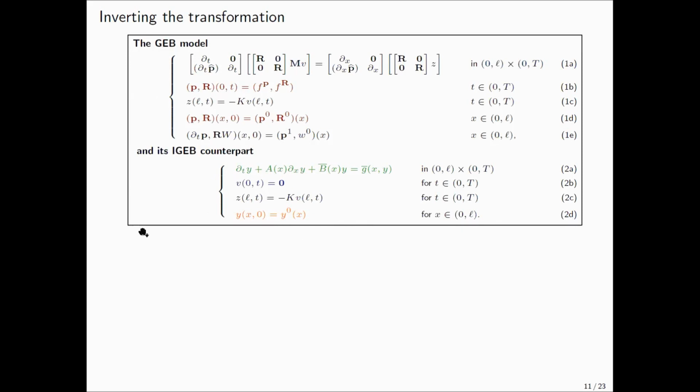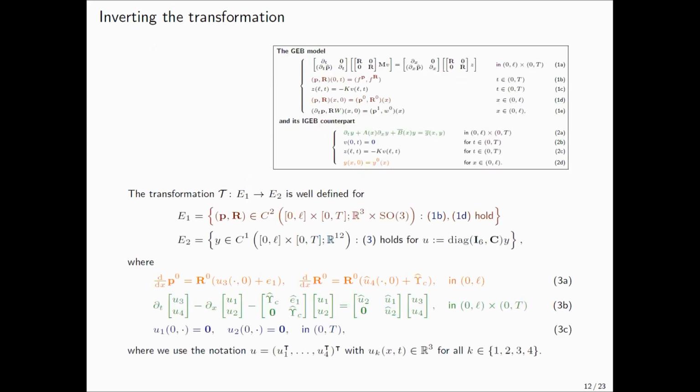And in fact, the transformation between the two models, we can invert on some specific spaces E1 and E2 here, where you see that the definition of E1 involves in red the Dirichlet boundary conditions of JEP and the initial condition of order 0, while E2 involves these three conditions, 3A, 3B, and 3C, where 3A is related to the last 6 initial conditions of the second system, IJEP.